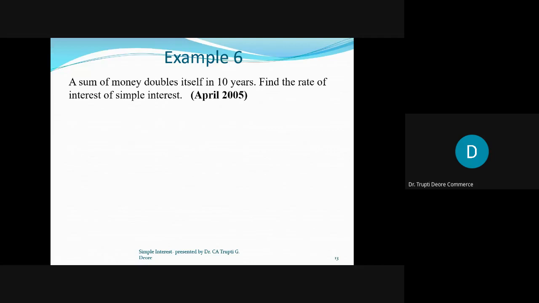Okay, yes, Bhagesh, right. Now there is no amount, how will you take it? What do we have to find out? Find the rate of interest, so we have to find R. R is equal to question mark. And what is given? N is given, 10 years.